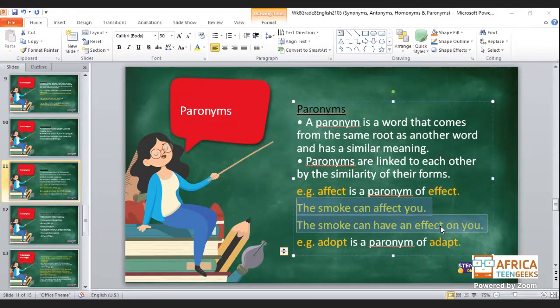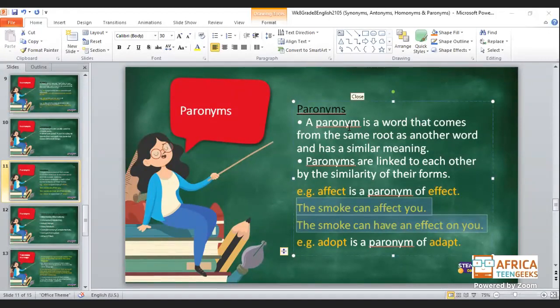The words affect and effect really come from the same root, and even their meaning is similar. We will do more examples for this one because I believe the more examples we do, the more understandable it will be for everybody.